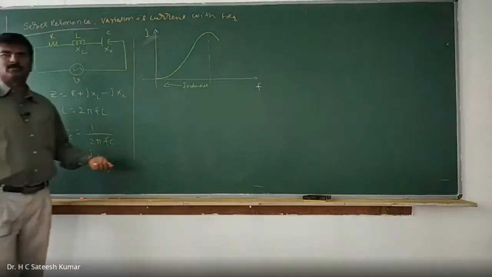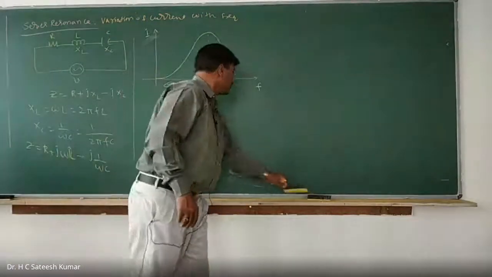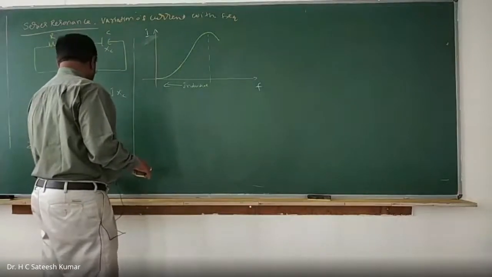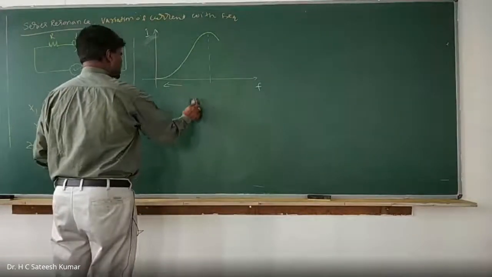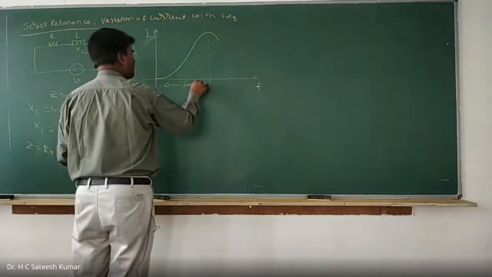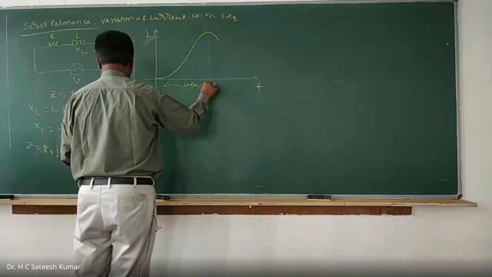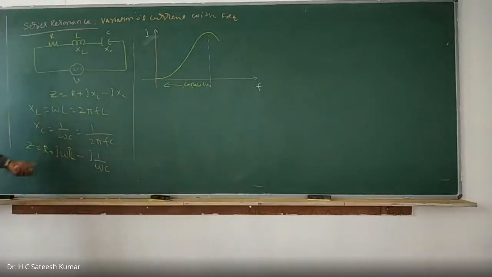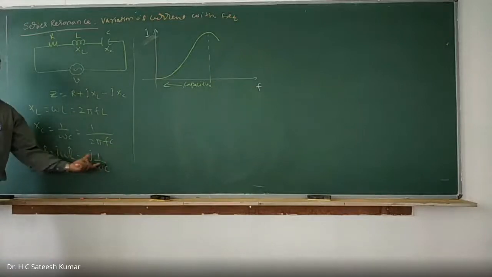When frequency is low, this is low, and this is low, the circuit will become capacitive at low frequencies. Now, as the frequency increases, this will increase. At resonance, what will happen? This will get cancelled with this one.